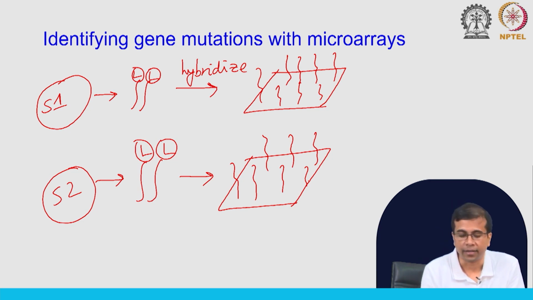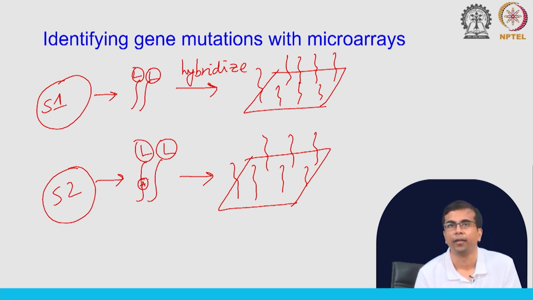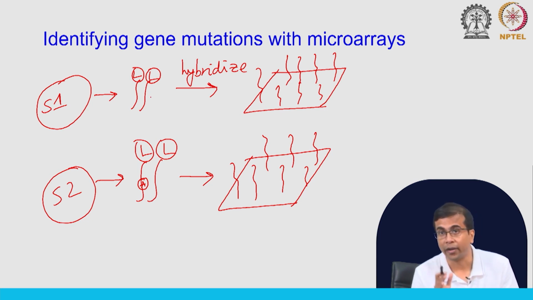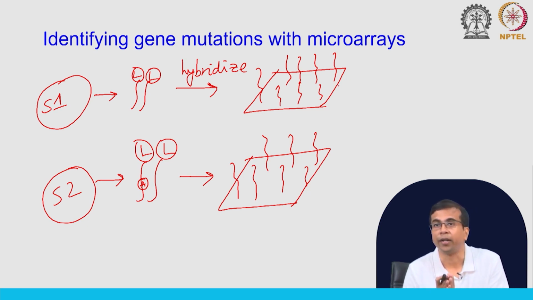Now, imagine this sample S2 has a mutation here, in this position. So, what will happen is that since in sample 1 these DNA molecules are perfectly complementary to the DNA probes on the array, there will be strong hybridization, because there is perfect complementarity. So, this will give very strong signal.